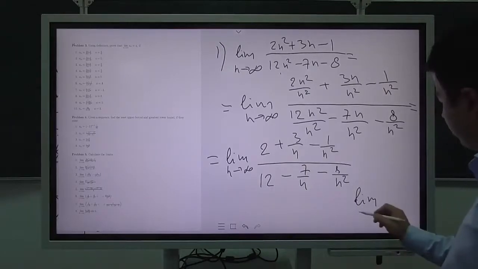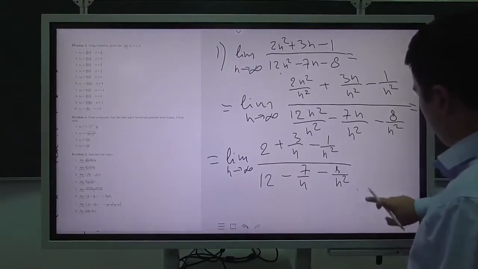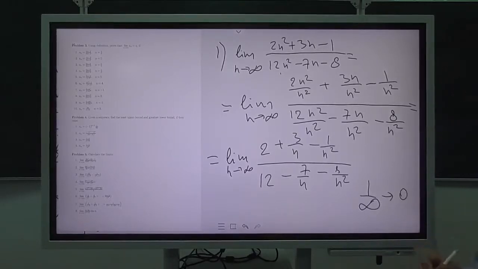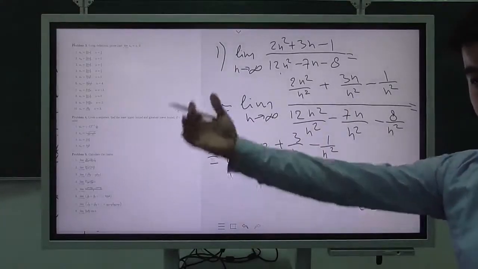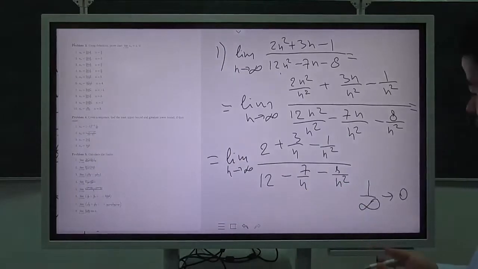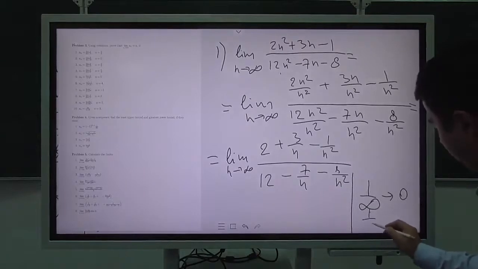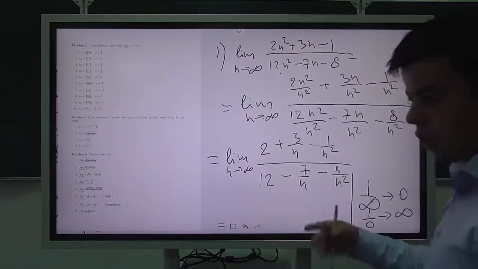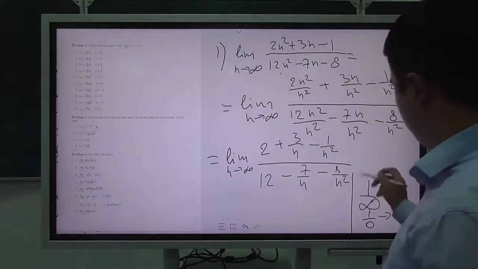If we have a form 1 over infinity, it goes to 0 because the denominator goes to infinity and our expression goes to 0. And if we have expression 1 over 0, it goes to infinity. If our denominator goes to 0, it will be inversely, so it goes to infinity.